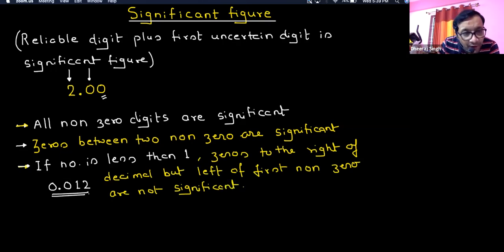So I'm talking about this zero, this one. This zero is not significant, which is right of the decimal but left of the first non-zero digit. Okay.